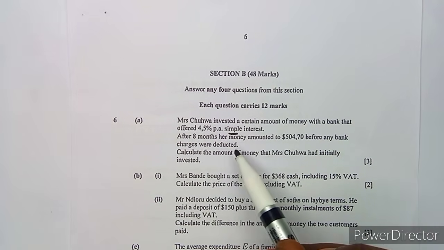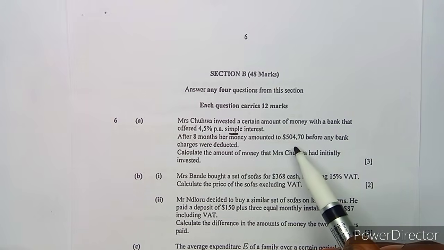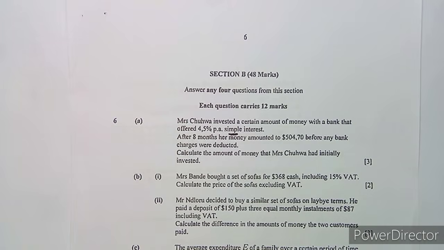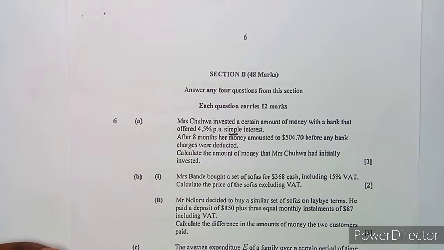After 8 months, the money amounted to, that is the amount we have after 8 months before any bank charges were deducted. That is the total amount. Then calculate the amount of money that Mrs. Chua had initially invested, which means we are referring to the principal in this case.